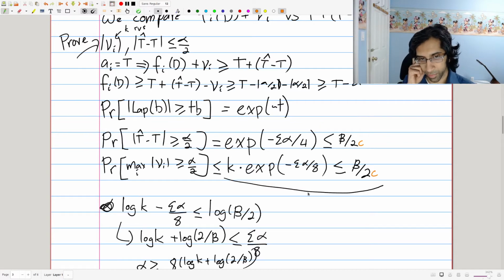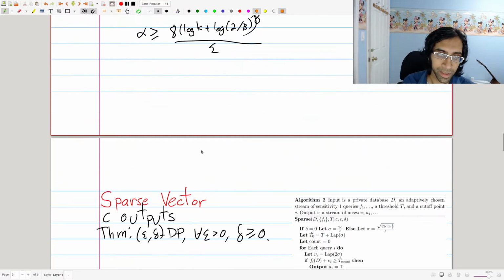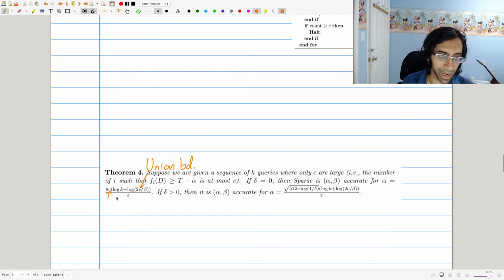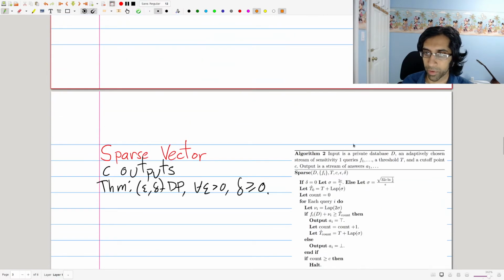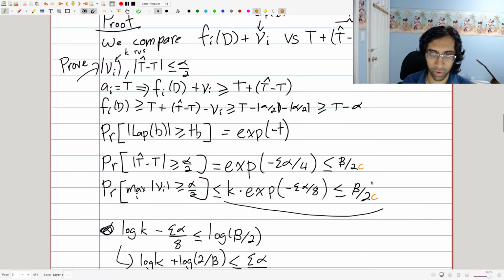And that's the probability that it fails at any of the C invocations of above threshold. And similarly, what we have here is this factor of C. Where did that come from? Well, that comes from the fact that we rescaled epsilon by a factor of C. Remember when we were doing advanced or basic composition, we rescaled epsilon by a factor of C.